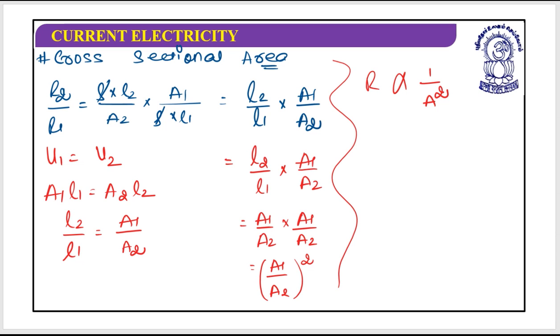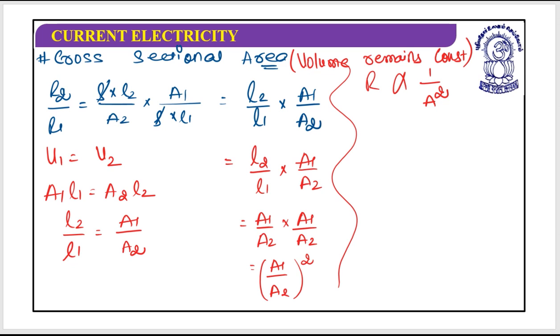It's inversely proportional to the square of the cross-sectional area of a conductor. This is the same case when volume remains constant. If volume is constant, you can use it. If volume is not constant, please do not use this.